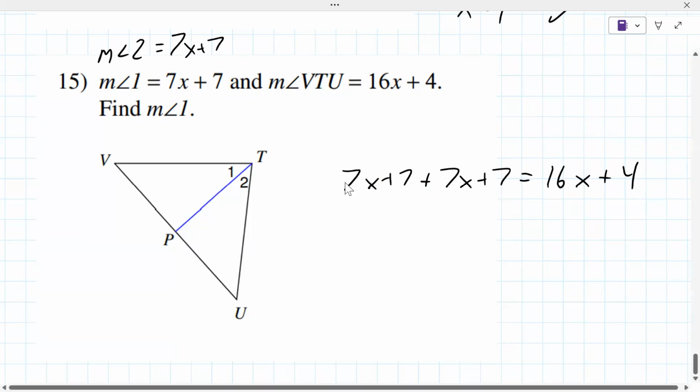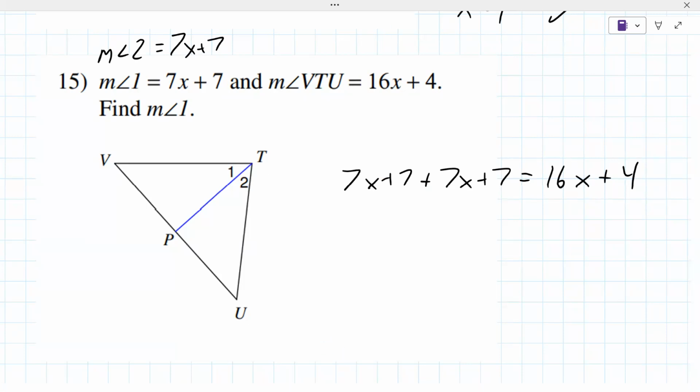See if you can solve this one on your own, please. I got x equals 5.